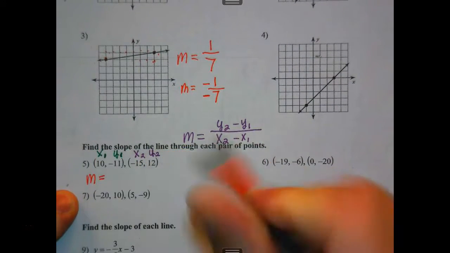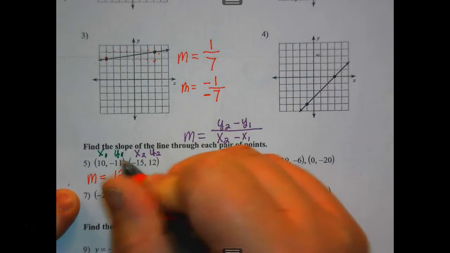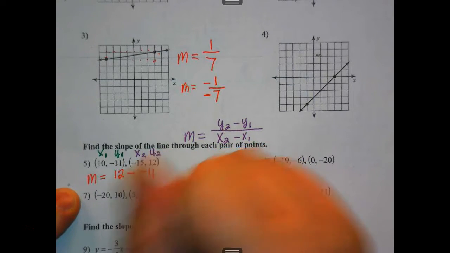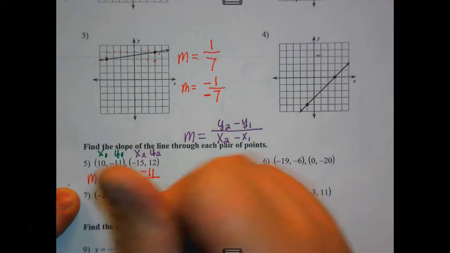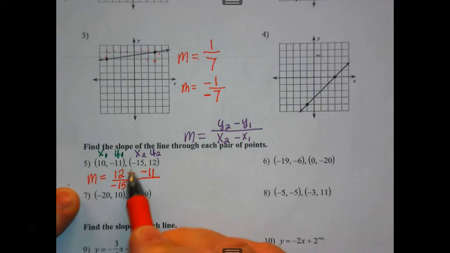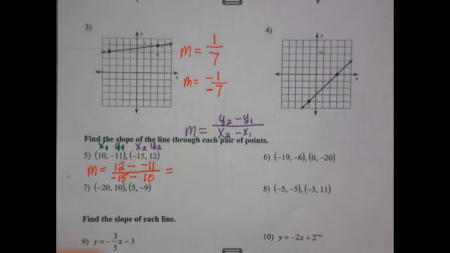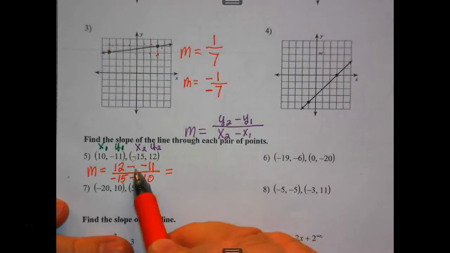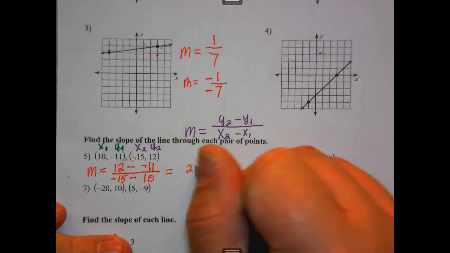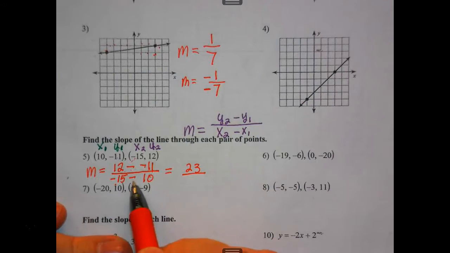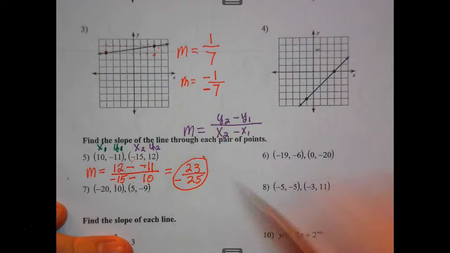My slope equals y2, which is 12, minus my y1, which is -11, all over x2, -15, minus my x1, which is 10. 12 minus minus makes it a plus, so 12 plus 11, 23, -15 minus 10, negative 25. Make sure that's in reduced form.